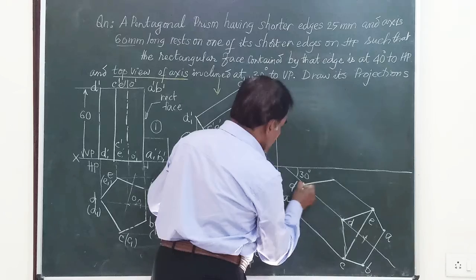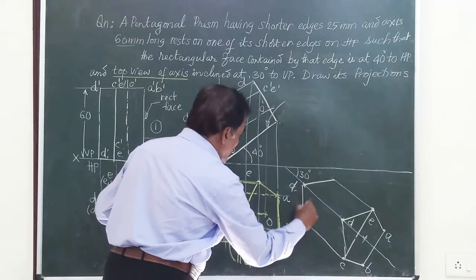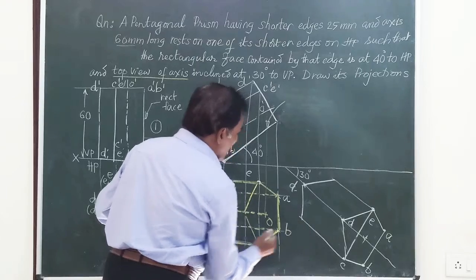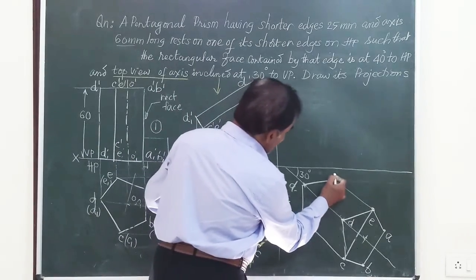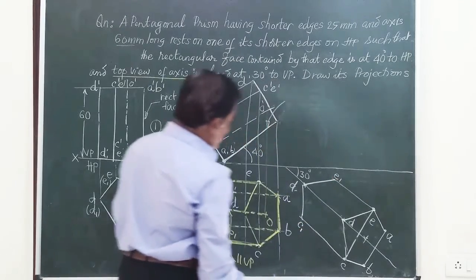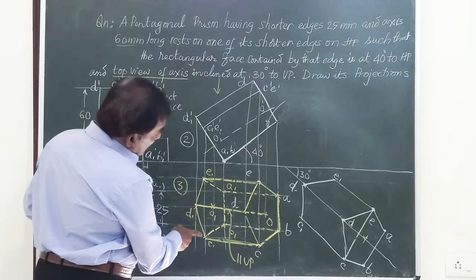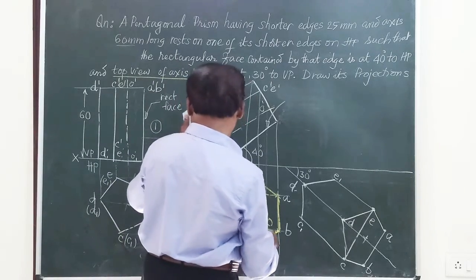And this is going to be a line parallel to this, and this line parallel to this. These 2 points are named E1 and C1. This is E1, this is C1. We have got E and C again. That is to be shown by a line here.